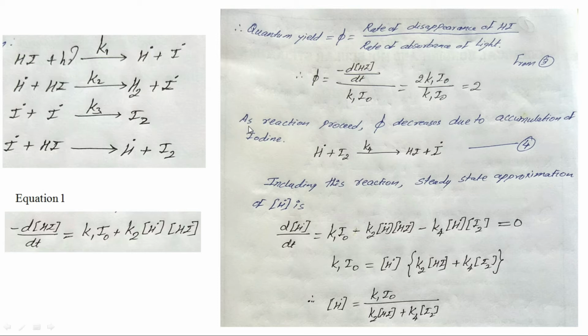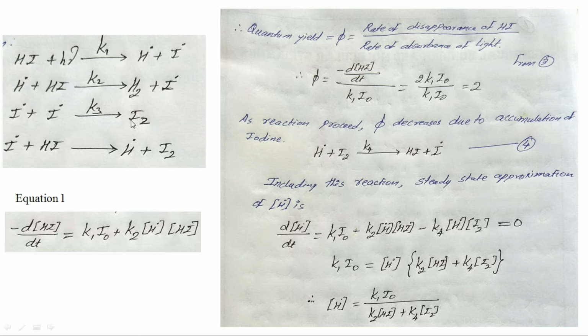Now it is observed that as the reaction proceeds, the quantum yield decreases due to accumulation of iodine. So as we can observe in these 4 reactions, especially in third and fourth reaction, iodine is generated. This iodine will accumulate over the reactant and as a result it decreases quantum yield.